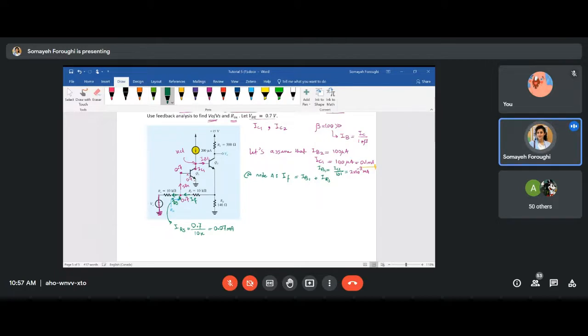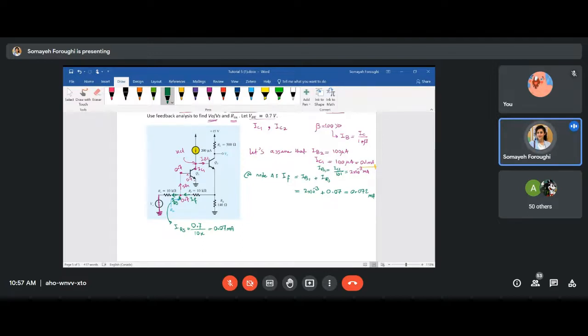So this is also the current passing through RS. If you use it in this KCL, IB1 is 2 times 10 to the power of negative 3 milliampere plus this much milliampere, and finally you will have 0.072 milliampere. This is your I feedback. The feedback loop will have this much current.